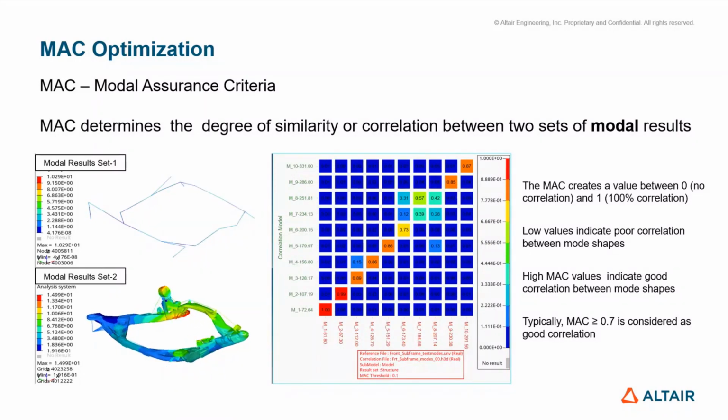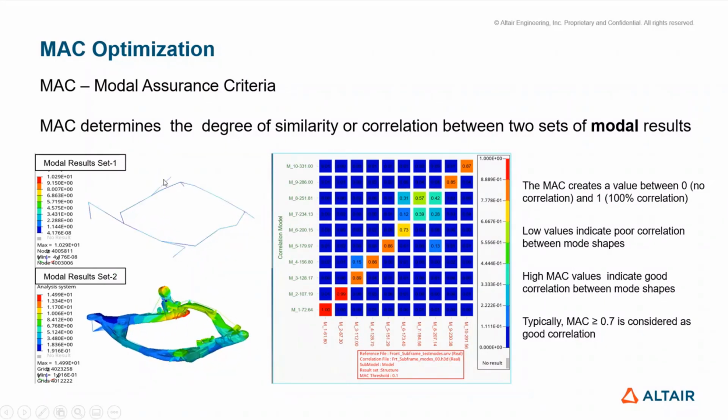So this slide just talks about some basics on MAC, which stands for Modal Assurance Criteria. MAC basically determines the degree of similarity or correlation between two sets of model results. So it tells you how close the two mode shapes are, how closely they are matching with each other.